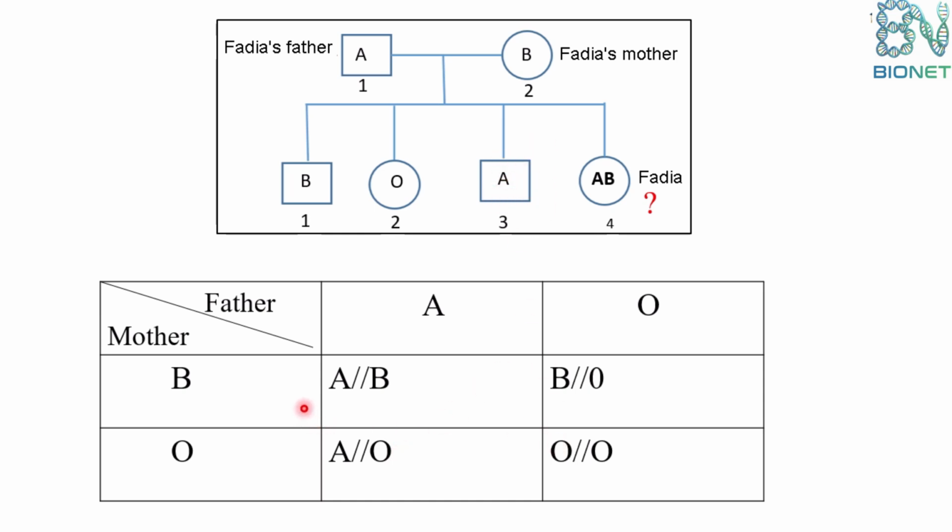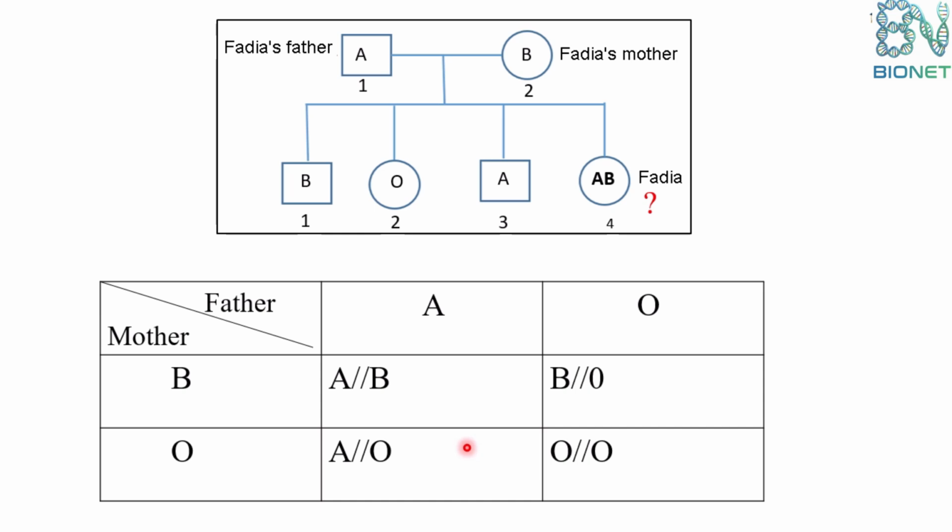B from the mother with O from the father will give the genotype BO, and consequently the blood type B. This is the blood type of this individual. And O from the mother with O from the father will give the blood type O of genotype OO, which is the blood type of this female.